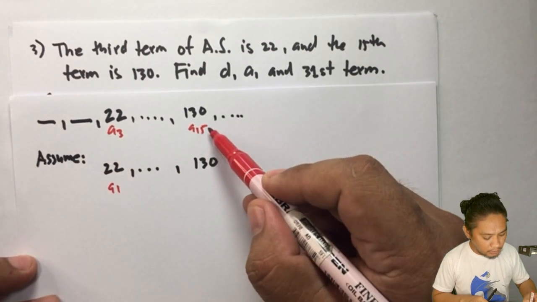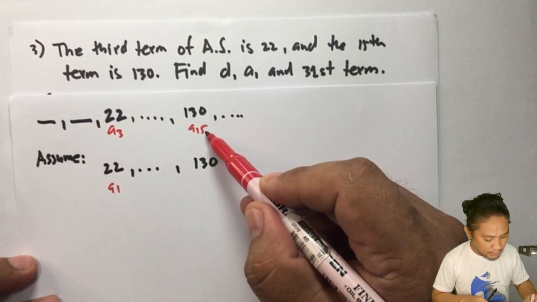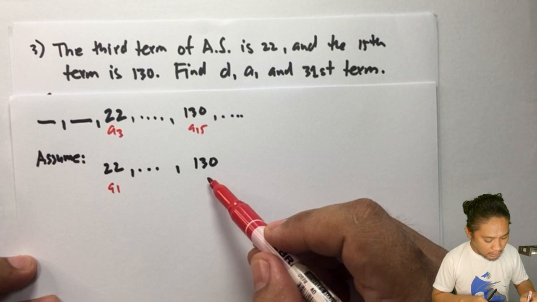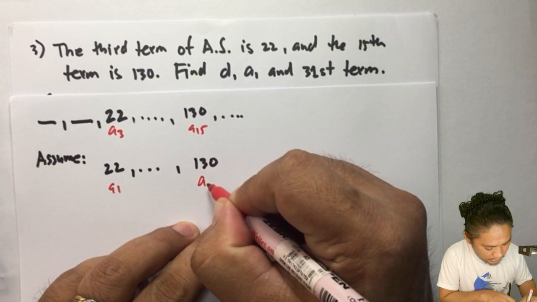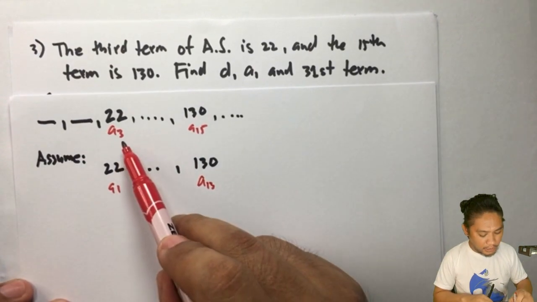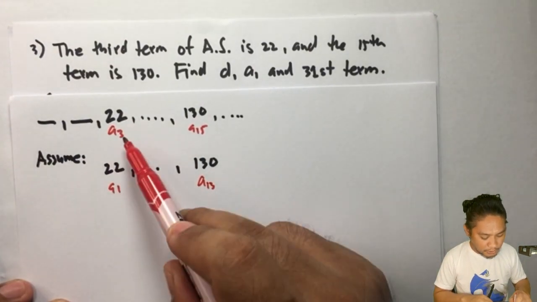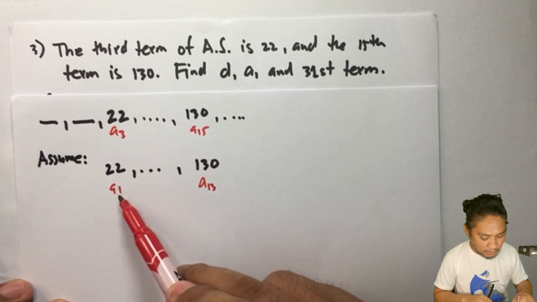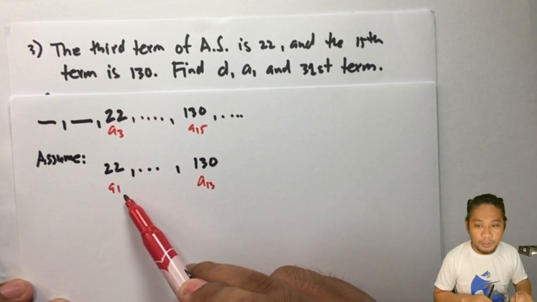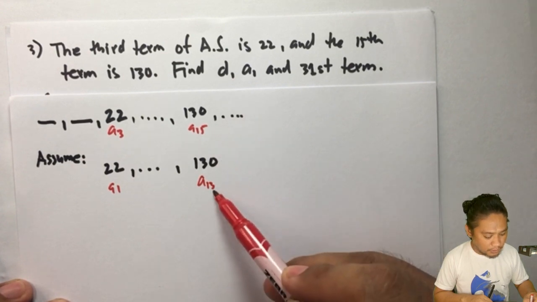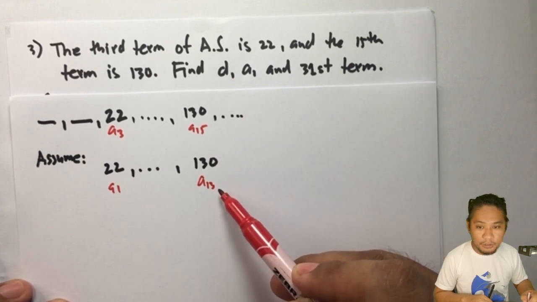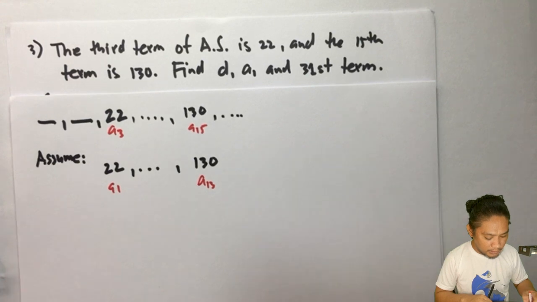I'm going to do the same with 130 here, a sub 15 minus 2, and the position of the 130 in the new sequence is a sub 13. So basically we assume 22 as the first term.